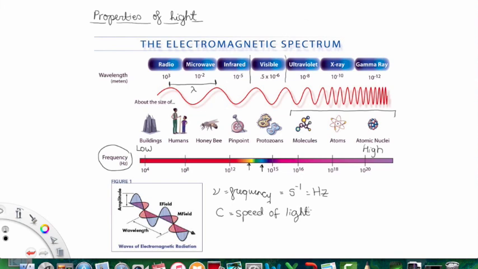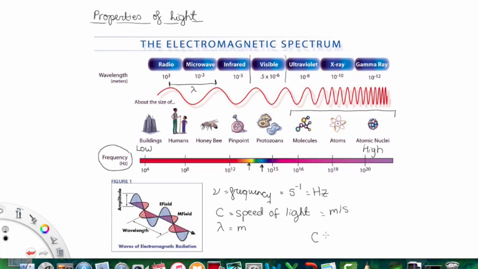And we can actually derive a relationship between the speed of light, the frequency, as well as the wavelength. Because the wavelength, lambda, is the distance between two wave peaks, right? So it's going to be in units of meters. And speed is in meters per second. So you can already guess what this equation is going to look like.